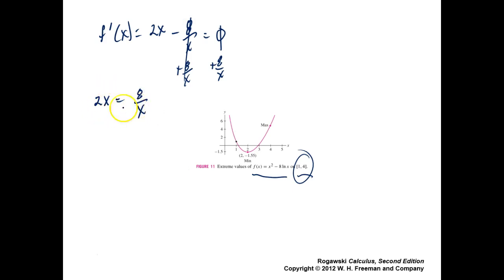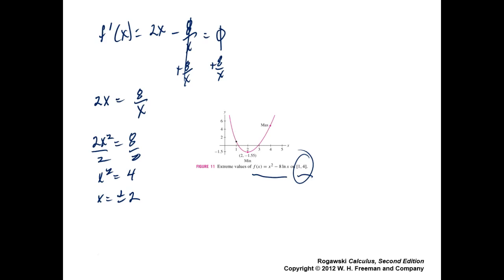Multiply both sides of the equation by x, and that gives you 2x squared is equal to 8. Divide by 2, and you've got x squared is equal to 4, so x is equal to plus or minus 2. Those are the two places where your first derivative is 0.